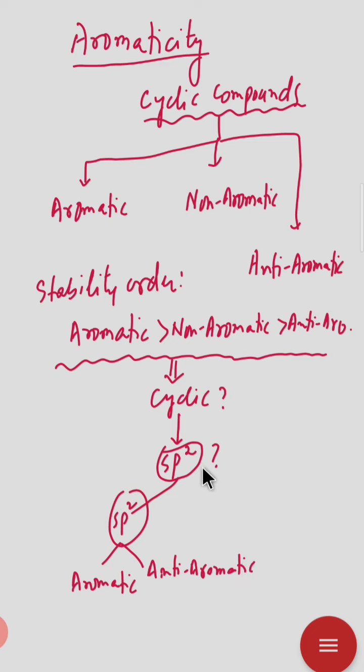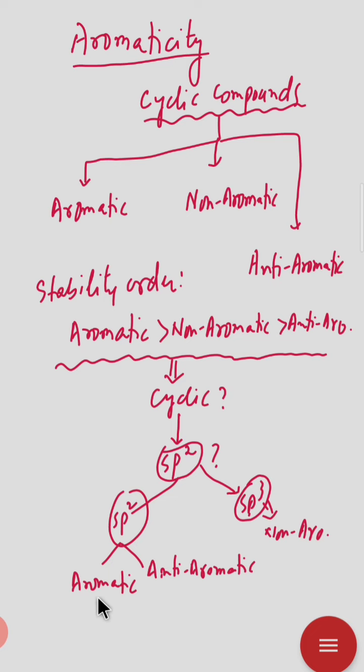Now if one of the atoms in the ring is sp3 hybridized, or all the atoms are sp3 hybridized, then the compound is non-aromatic. This is to be checked, right? So if the atoms in the ring are all sp2 hybridized, then the compound may be aromatic or anti-aromatic.